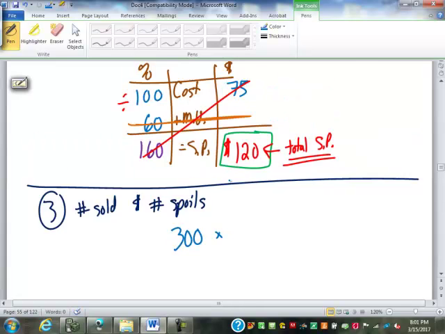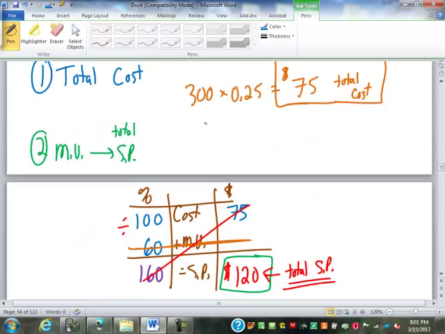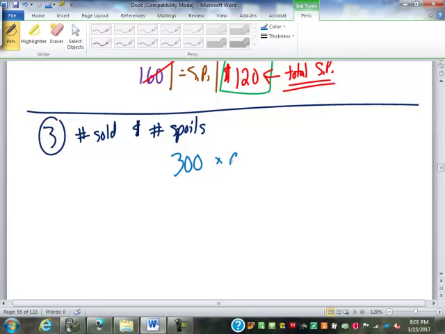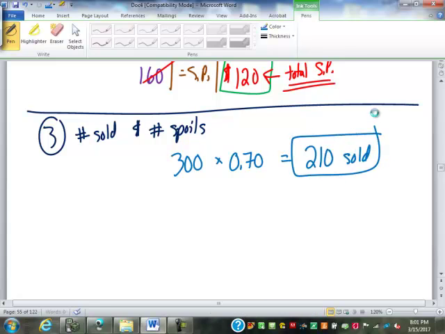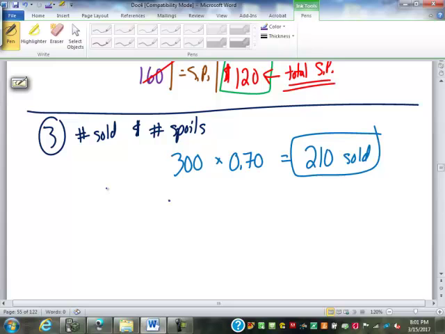What percent spoiled? 30%. So that means 70% sold, right? So 300 times 0.7 is 210 sold. We're going to circle that because we're going to need that in a few seconds, actually. So that's the sold.